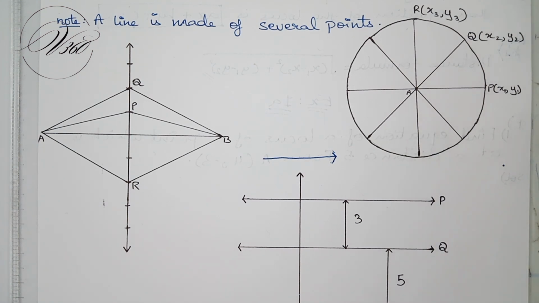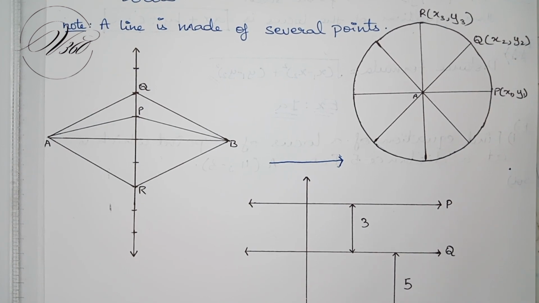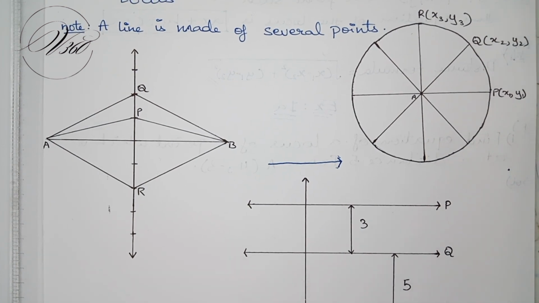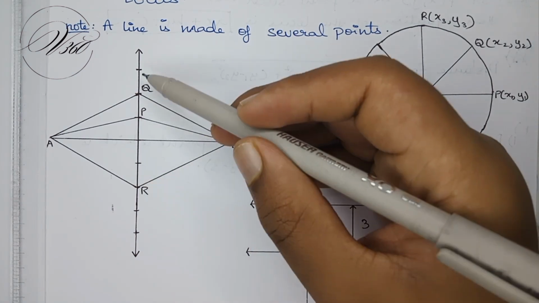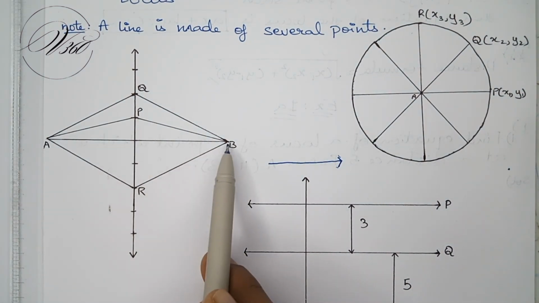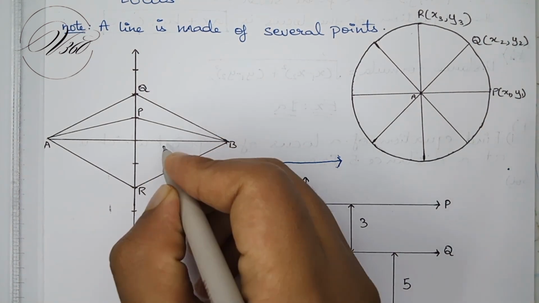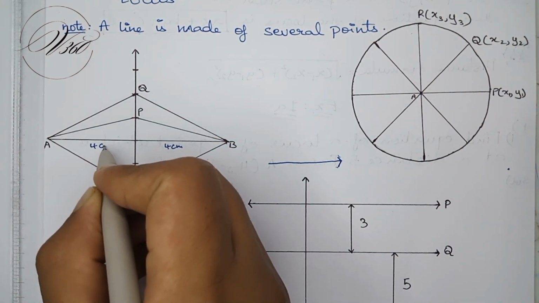Now let me give the explanation of the diagrammatic form of locus. Here this is a main line, where from here to here it is 4 centimeters, and from here to here it is 4 centimeters.